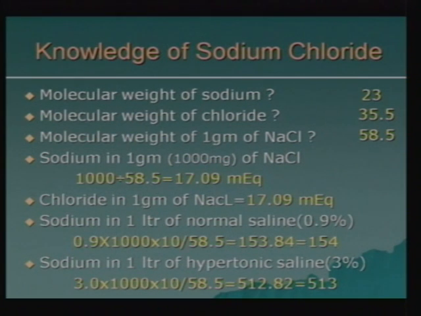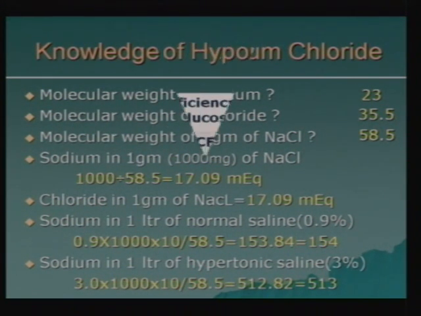One liter of normal saline, which we call 0.9%, contains 150 milliequivalent of sodium, and 1 liter of hypertonic saline contains 513 milliequivalent. These figures should be at your fingertips while correcting hyponatremia.